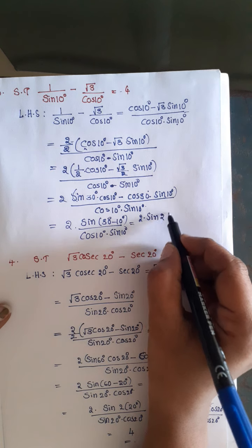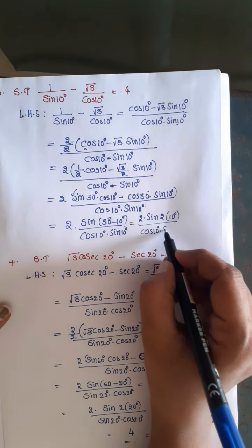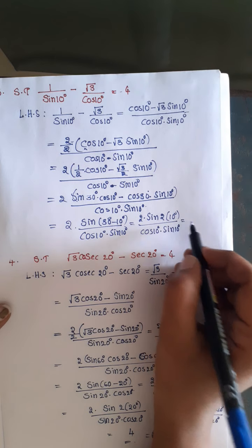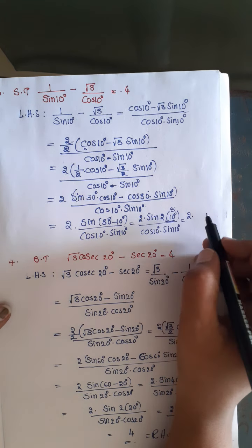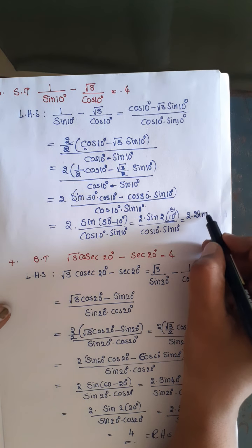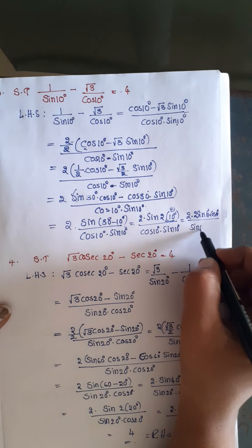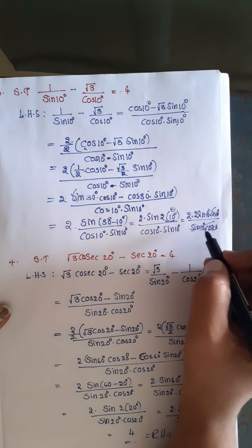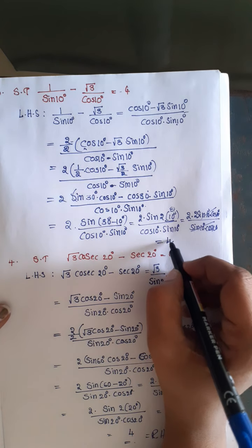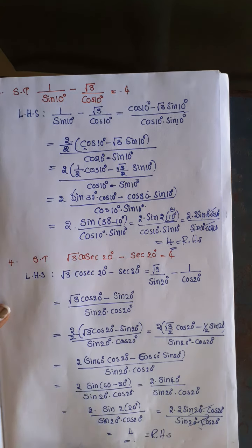Sin 20, can I write as 2 into sin 10 cos 10? This is nothing but sin 2 theta. Suppose this is theta, sin 2 theta is equal to what? 2 sin theta cos theta. Here also you will have the same denominator cos 10 degrees. These two get cancelled, 2 into 2, 4. So this is RHS.